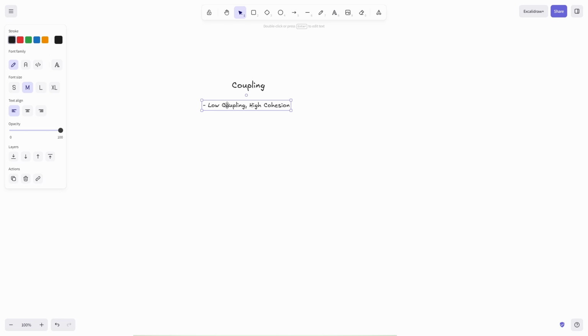I think of this as an example in the real world. If you're in the kitchen, high cohesion would mean that all the knives are together, all the forks are together, all the spoons are together. They are of the same kind, so they are together.